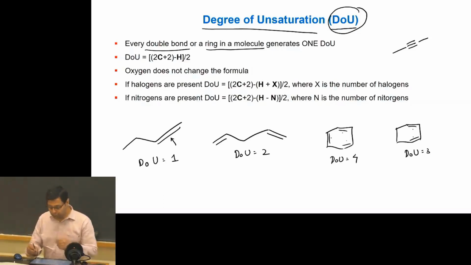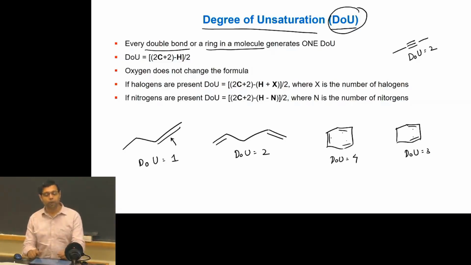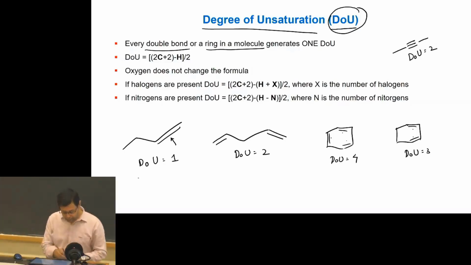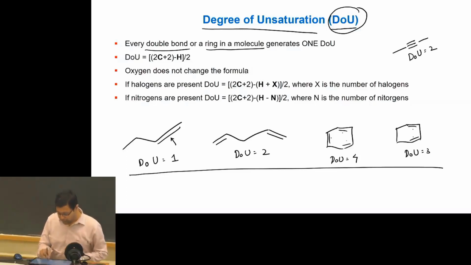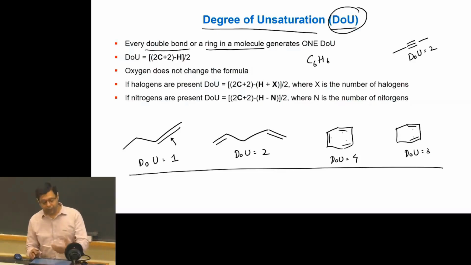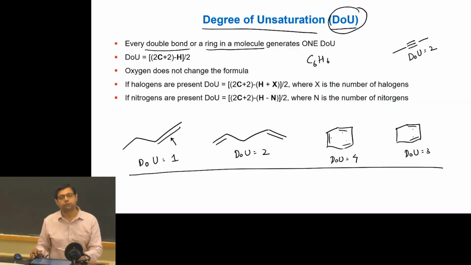A triple bond has 2 pi bonds. So the degree of unsaturation here is 2. So as you can see, given the structures, it is very straightforward to figure out the degree of unsaturation. But let's say I have not given you the structure, I have rather given you a molecular formula. How are you going to figure out the degree of unsaturation?